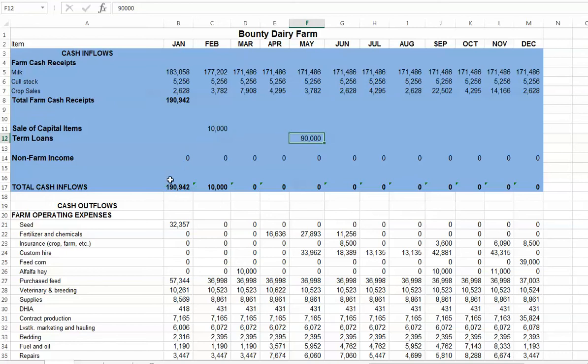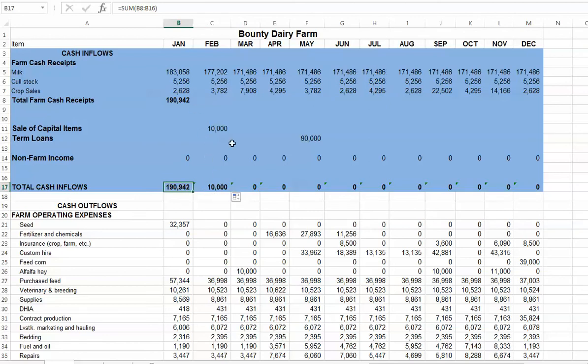Okay, down here for total cash flows, this number should be equal to the cash receipts plus anything that's entered into capital items, term loans, farm income. So again, I'll use the little auto sum and I'll click first on cash receipts and drag it all the way down just like this, and I'll hit enter. Okay, and of course when I take that across like this, it's going to sum.